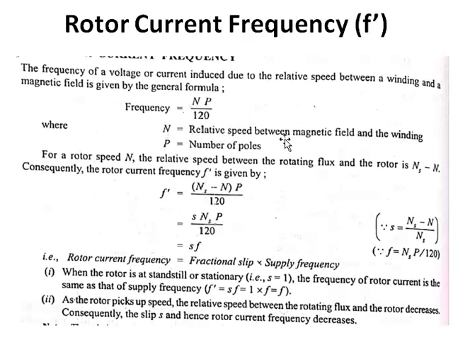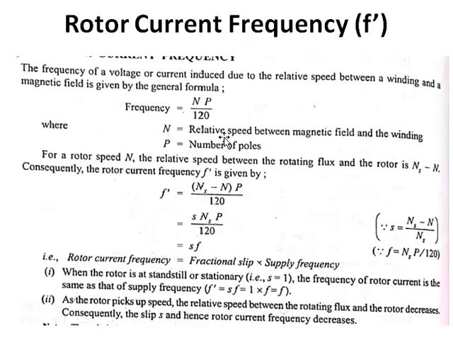N is the relative speed between the magnetic field and the winding. And what is the relative speed between the rotating magnetic field and the rotor winding? The speed of the rotating magnetic field is Ns, and the speed of the rotor winding is N, that is the speed of the rotor.